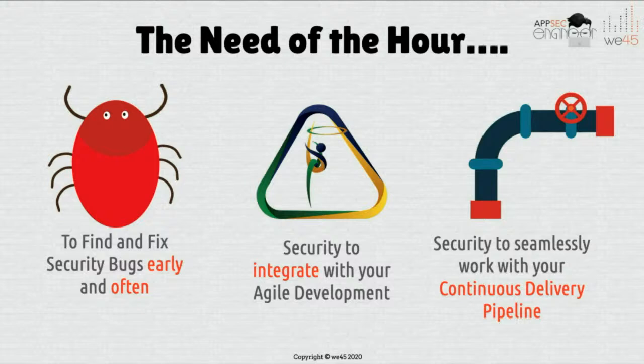So the best approach would obviously be to go ahead and train the developers in terms of security, and first have them start developing applications which are relatively more secure. But again, there can be a few security issues that can potentially pop up, right? So at the same time, what you'll also want to do is start integrating security with your agile development.